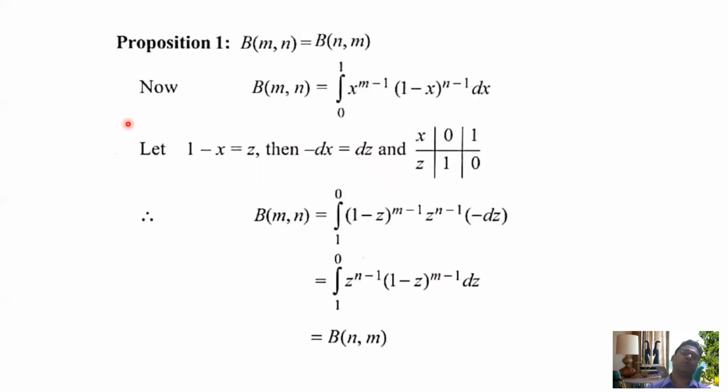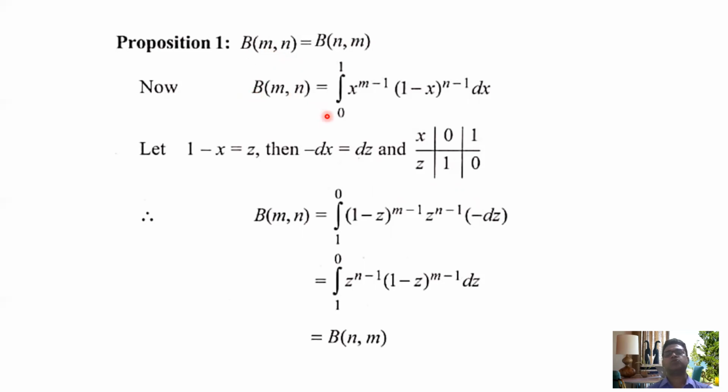Now proposition number 1: beta mn is equal to beta nm. Here, don't consider the capital; it is basically a capital B type beta function. It is clear that the orientation is the same; mn or nm you can consider as the same. Let's see.